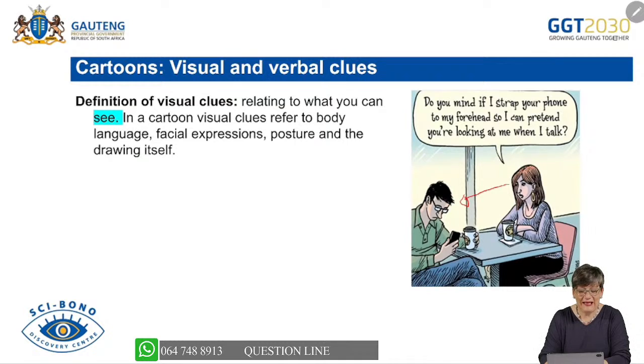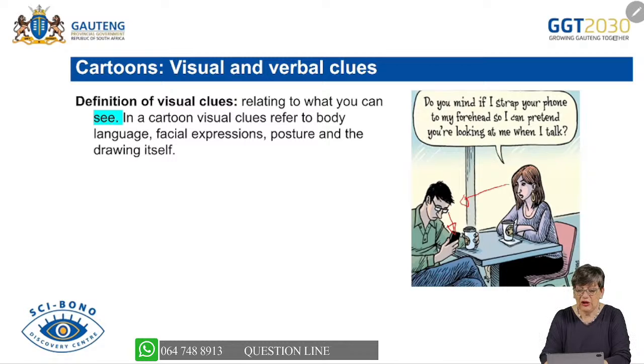She's looking at him, but he is looking down. Those are the visual clues that you are seeing. Can you see that he's not even looking at her, even though she is talking? Can you see that his whole body is turned to the other side? It's not turned to her. Right, so those are your visual clues.